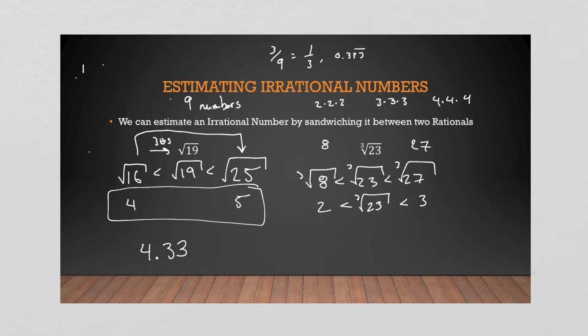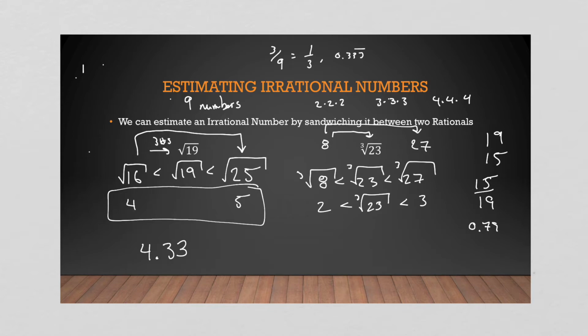And again, you can look at, well, what's the difference between 8 and 27? Well, it's 19. And what's the difference between 8 and 23? Well, it is 15. So 15 out of 19 of the way to 27. So this is where you use your calculator and do 15 divided by 19, which gives 0.79.